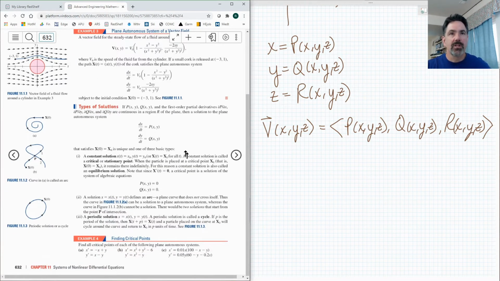Following on, the types of solutions. In this case, we have to read the hypotheses, the conditions under which the following statements are valid. So we have to read carefully.